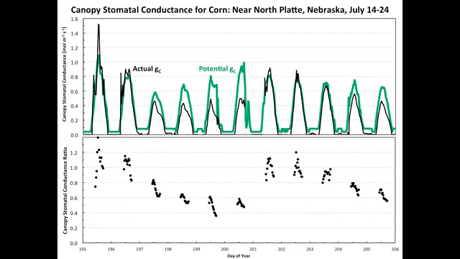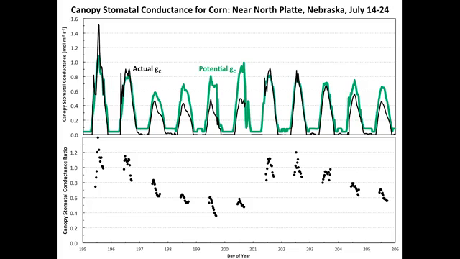To demonstrate the calculation of canopy stomatal conductance, I have the same data set for corn near North Platte, Nebraska. In the graph on the top, the black line is the actual canopy stomatal conductance calculated from the equation on the previous slide. And the green line is a value we're calling potential canopy stomatal conductance.